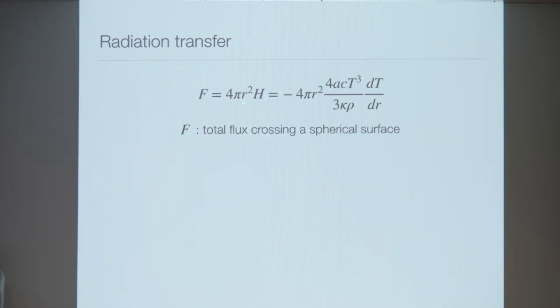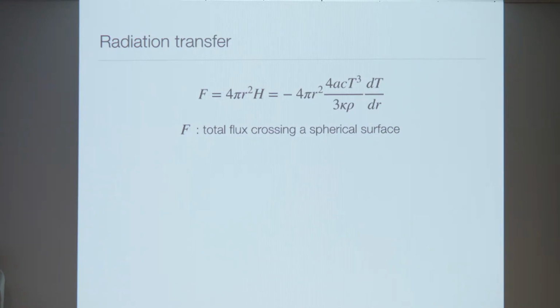the star. So then if you think about the whole surface of the sphere, then the total energy going through a certain radius in a star will be written in this way.